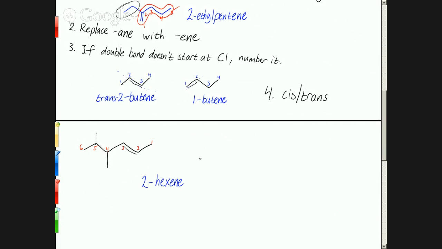Those would all be different molecules, so we have to specify that the double bond starts at carbon 2. It's 2-hexene. What else do we need in this name then? The substituents, right. What are they? Right. So this is 4,5-dimethyl-2-hexene.